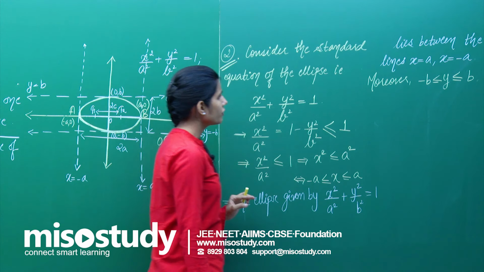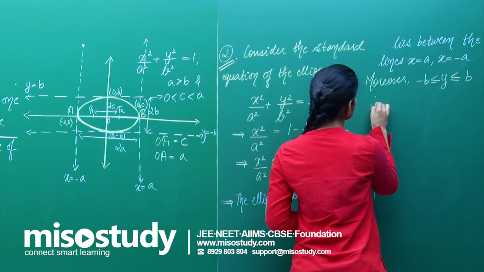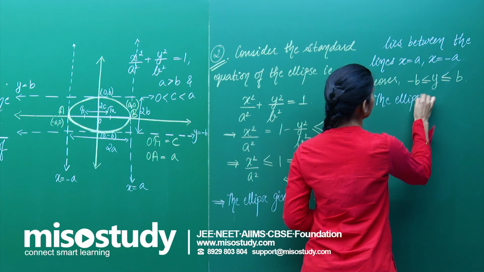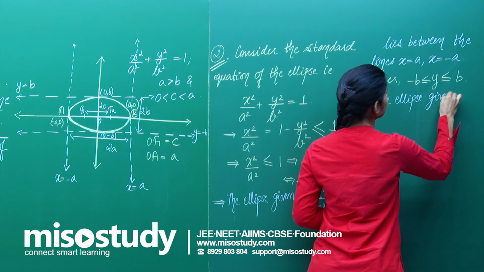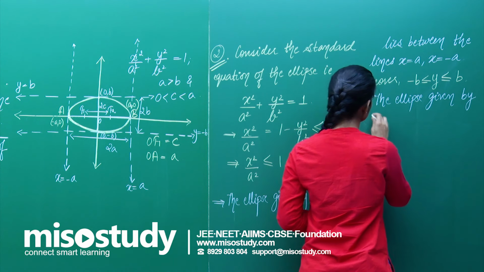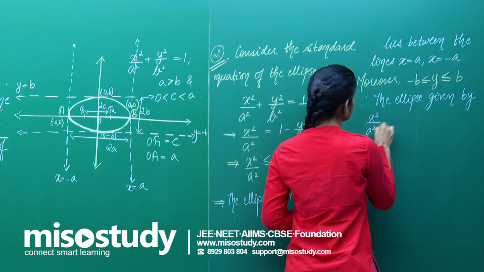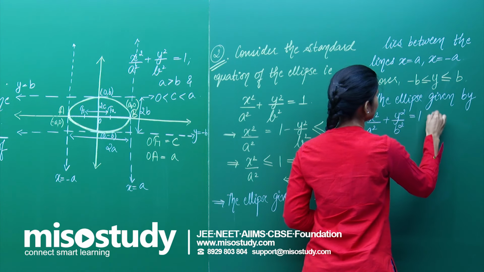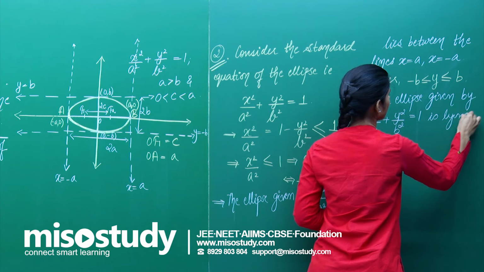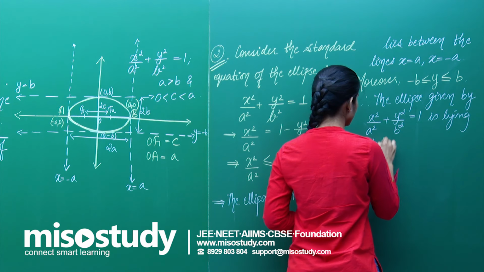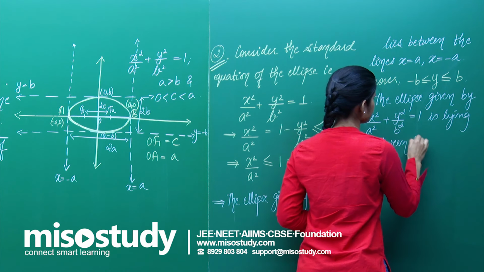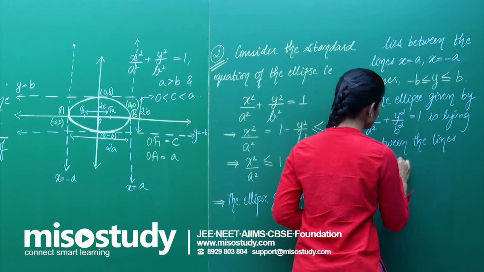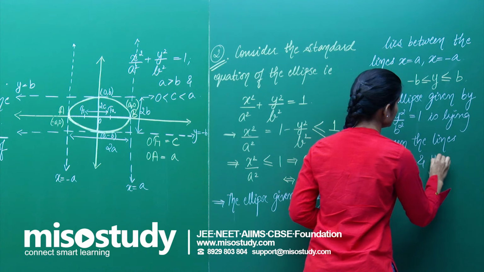So I can say moreover y is lying between minus b and b, therefore the ellipse given by x square by a square plus y square by b square equals 1 is lying between the lines y equals minus b and y equals b.